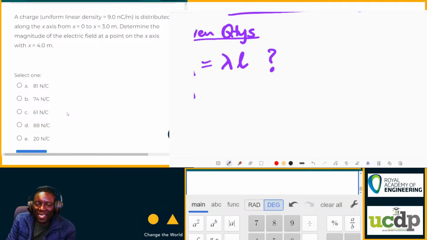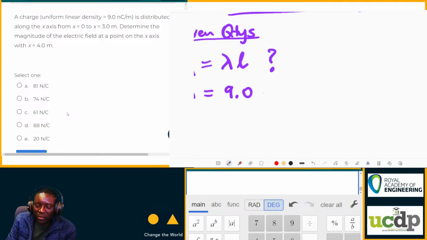Linear charge density, we agree? Yes, linear charge density, good. What's the value? I don't know if it's a 90 or a 9. Okay, sorry, my screen could be too small for you.